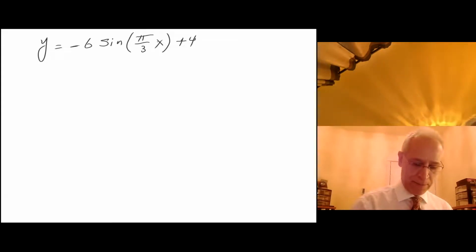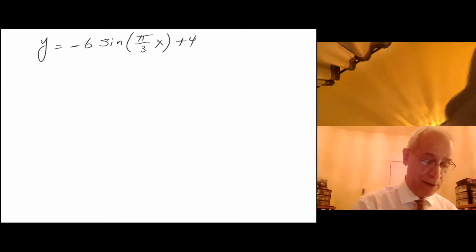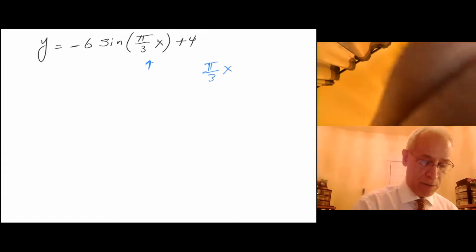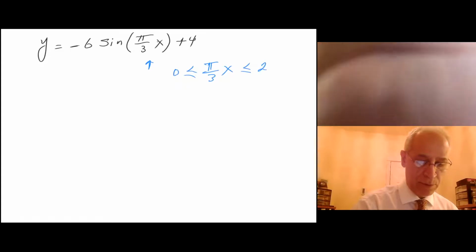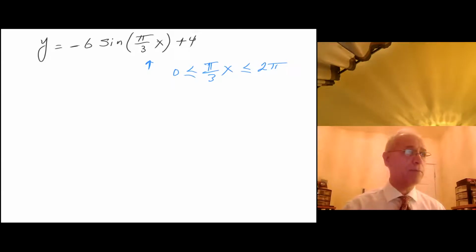And here it is. Step 1 is to remember that pi over 3 times x, that is the argument of sine, must be between 0 and 2 pi. We know that a complete period for sine and cosine is from 0 to 2 pi, so that is not news to us.